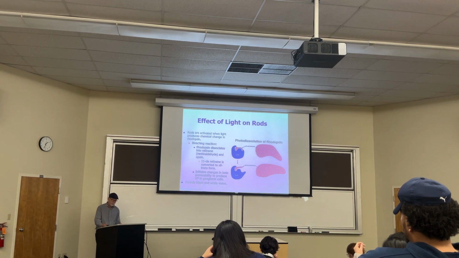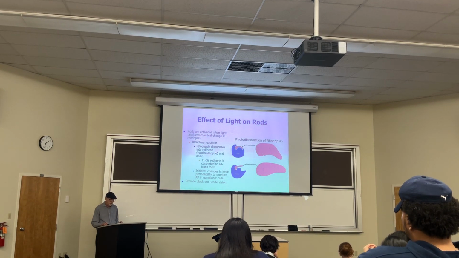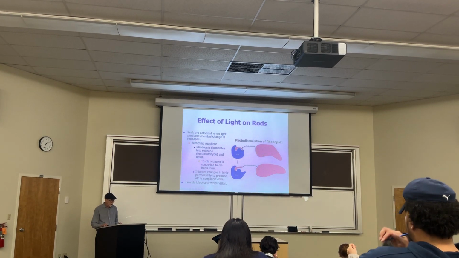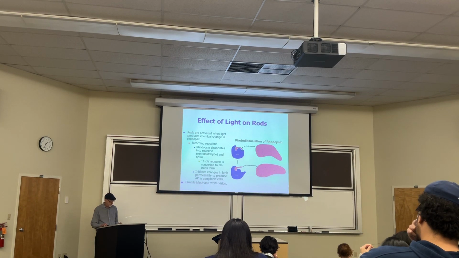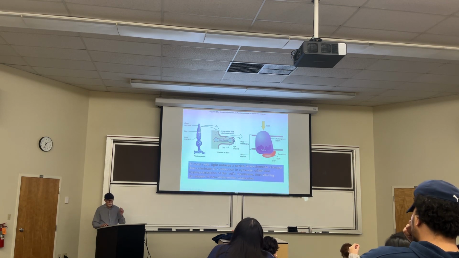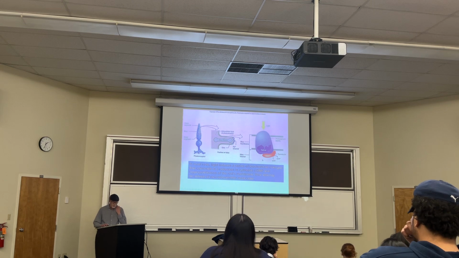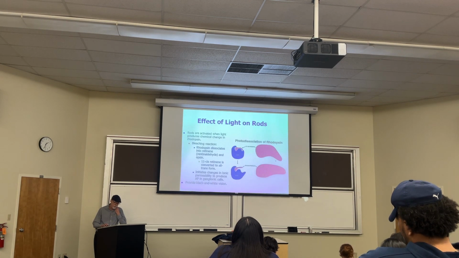You don't need to memorize this chemical structure, but you can see that there's a conformational change. This change occurs when we go from dark to light. When light hits, the 11-cis retinene is converted to the all-trans form. And that is then going to activate transducin, this G protein, and cause a change in our guanosine triphosphate concentration.